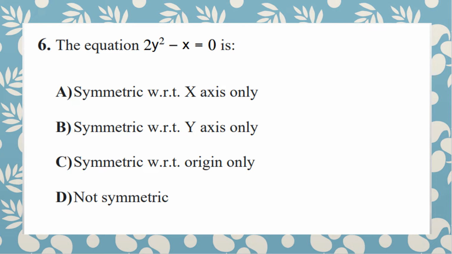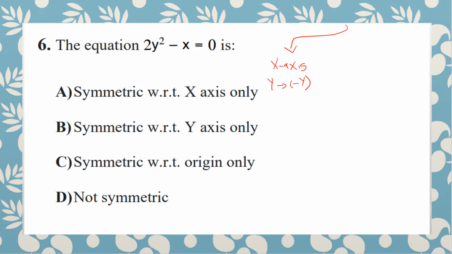In order to test the symmetry for x-axis, we have to substitute the value of y with negative y, and for y-axis, we have to substitute the value of x with negative x. Let's test the symmetry for x-axis, by substituting the value of y with negative y.